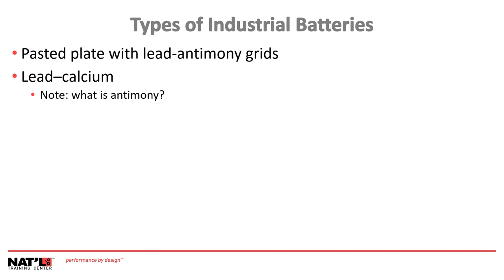So twice now, with pasted plate and lead calcium, we've mentioned the term antimony. So what is antimony? Antimony is a toxic chemical element with the symbol Sb and an atomic number of 51. Just a piece of information you'll probably never use.